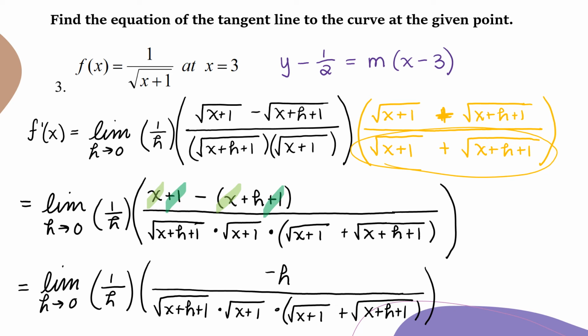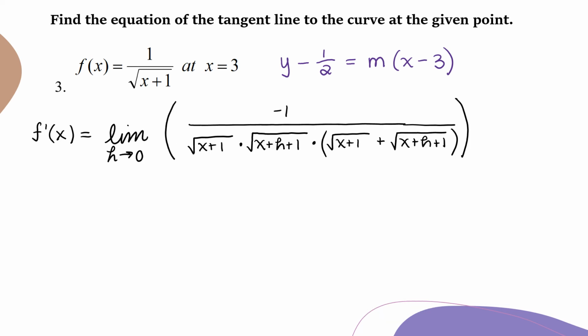And I can see that I have an h in the denominator and a factor of h in the numerator, so these will divide out. And I'll be left with just a negative 1 in the numerator. But there's still a little bit more work to do. Now we can probably try direct substitution. So we have the limit as h approaches 0, which means we're substituting 0 in for each of these h's. When we do that, we end up with the square root of x plus 1 times the square root of x plus 1, which is just x plus 1.